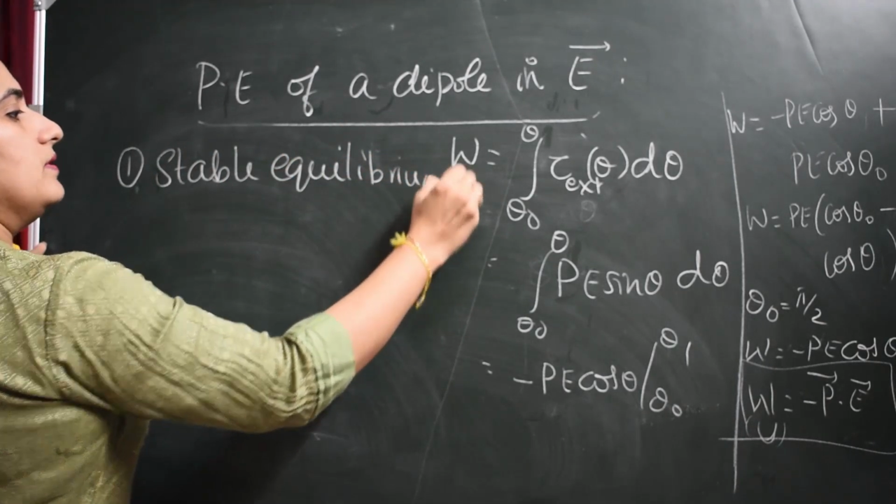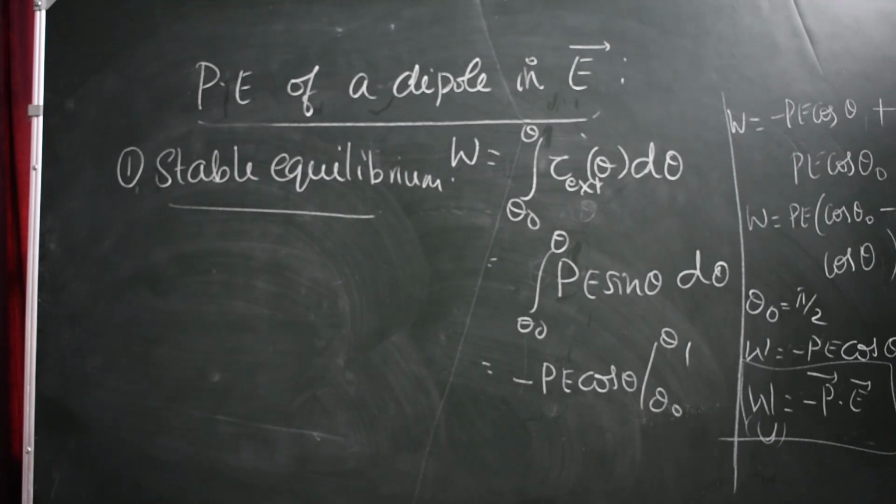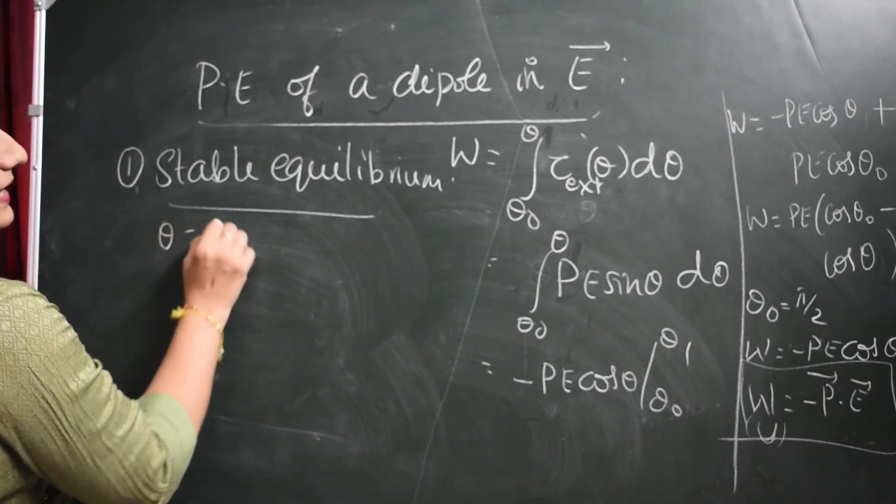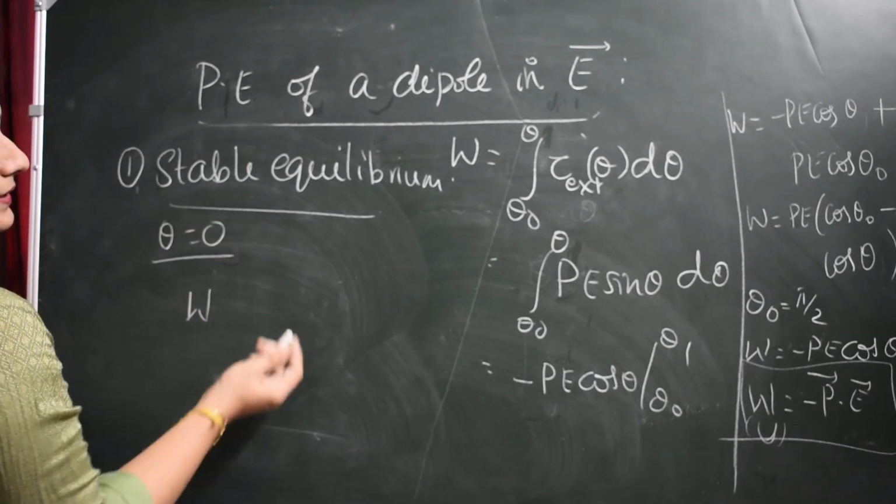Stable equilibrium. What do you mean by stable equilibrium? When can you tell that the position of the dipole is stable equilibrium? When theta is equal to 0. When theta is equal to 0, what will be the work done?